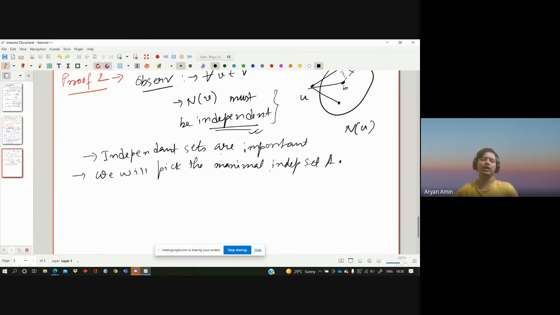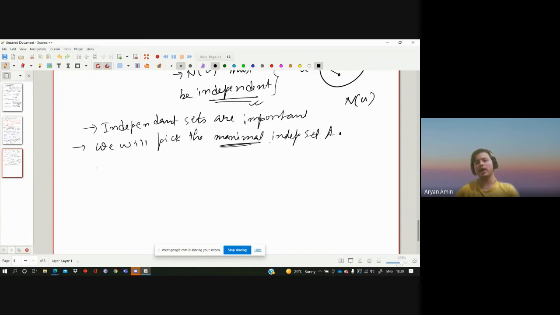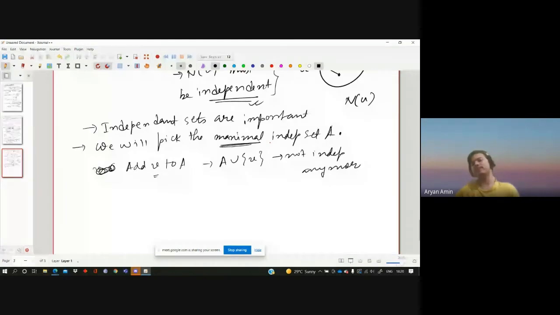Now what does maximality give you? If you add any v, not already in A, to A, then A union v isn't independent anymore.